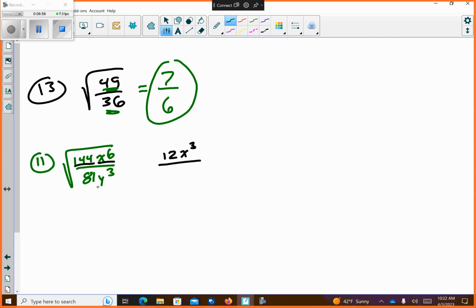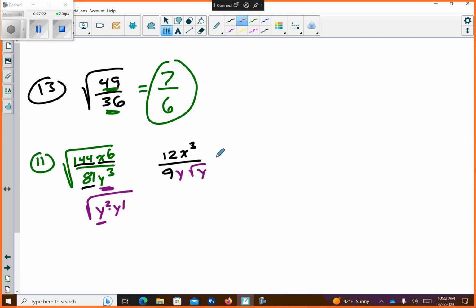Is 81 a perfect square? Yep. What should I do with y to the 3rd to make part of it a perfect square? Bring it up to this. So if I had this, square root of y squared, 2 goes into 2 once, so I get y, and then I have this left behind.